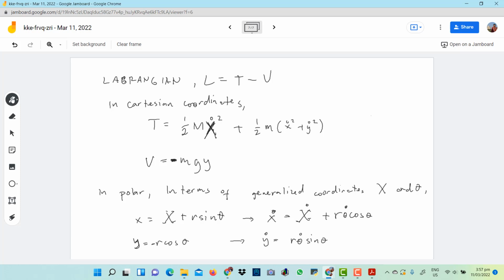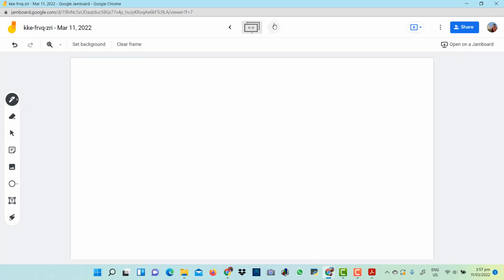Yeah, that's r theta dot. If we do substitution, if I substitute this one there, you will get this expression of your y.